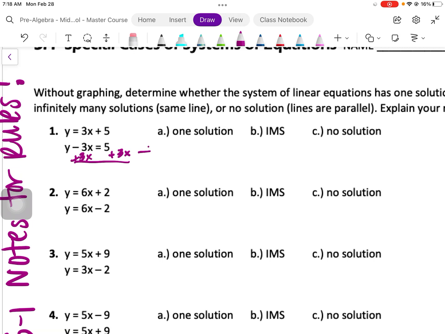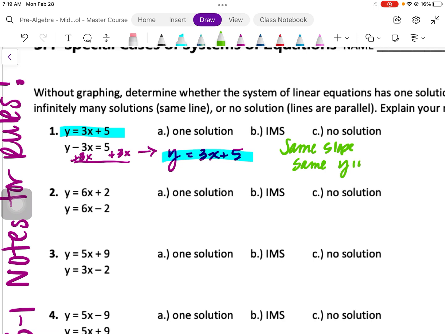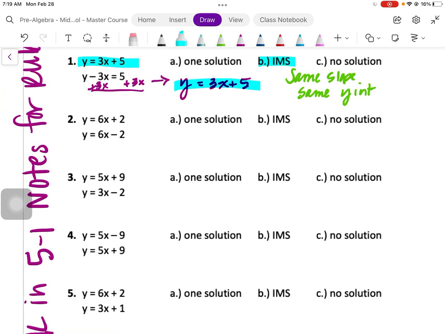So if I rewrite this equation, it's going to say y equals 3x plus 5. Now if you look at the first equation and the second equation, you can see very clearly that they have the same slope and the same y-intercept. Therefore, this set has infinitely many solutions. It's going to be the graph of the same line.